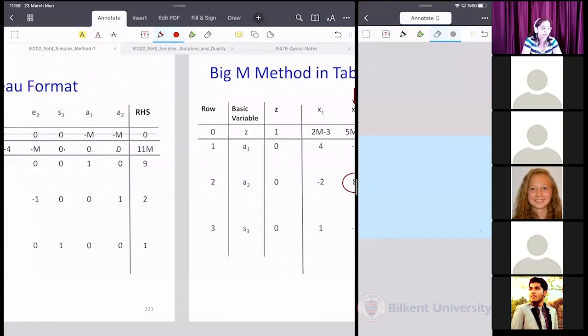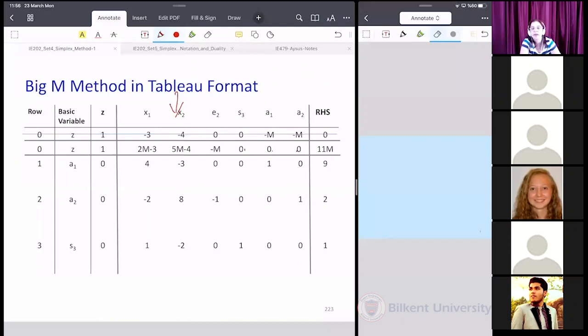And who is leaving? How many options do I have in the ratio test? It doesn't have to be you, Simge. The very first one who raised your hand is Gülin. Can you unmute yourself or do you need me? Yes, Gülin.